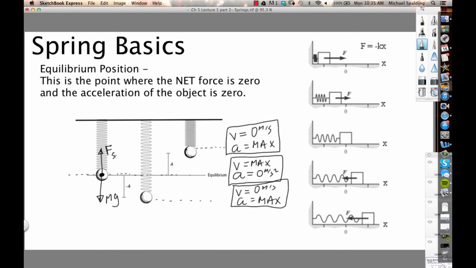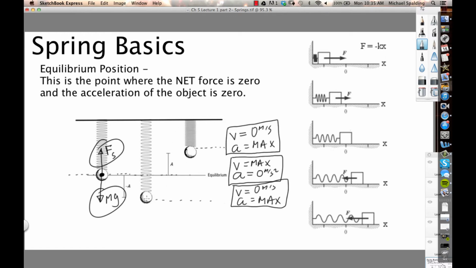At the equilibrium position, those two forces are equal for a split second. For a split second, those two forces cancel. So if those two forces cancel, what's the net force? Zero. And then what's the acceleration? Zero.